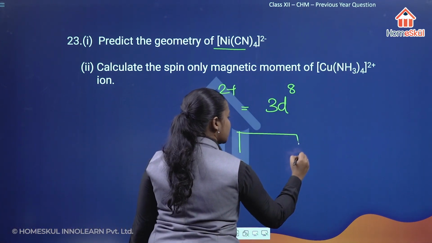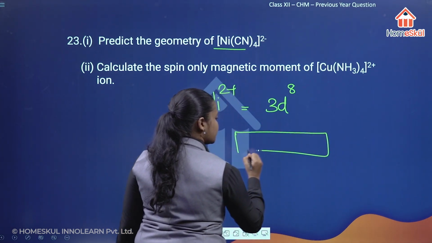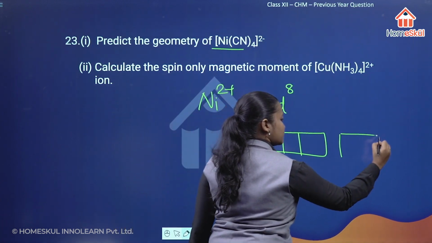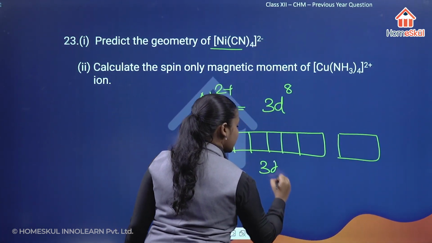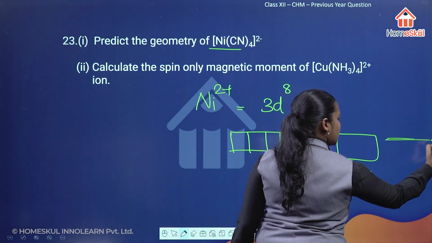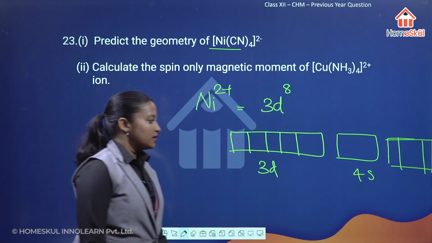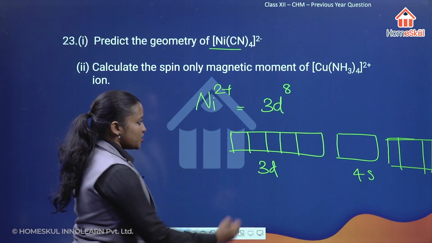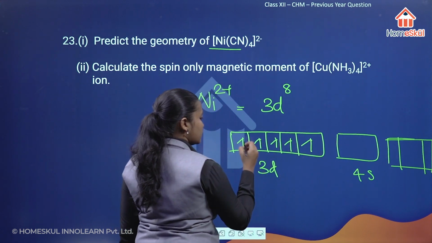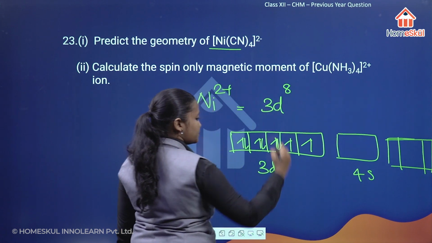So let's draw that. 3d, 4s, 4p. Okay, this is the valence shell of nickel. 1, 2, 3, 4, 5, 6, 7, 8.